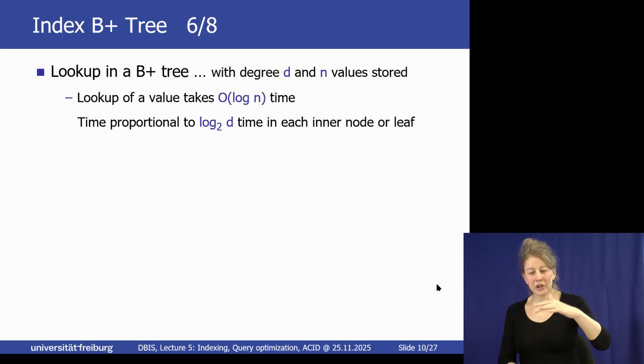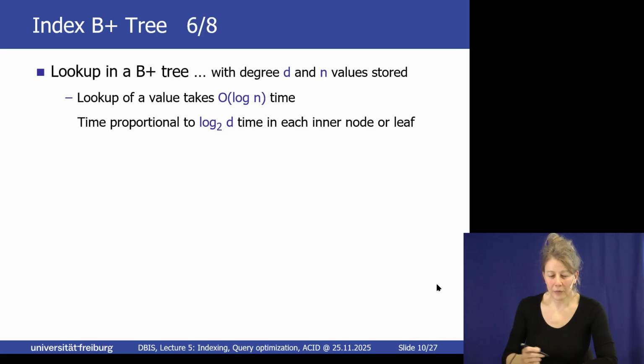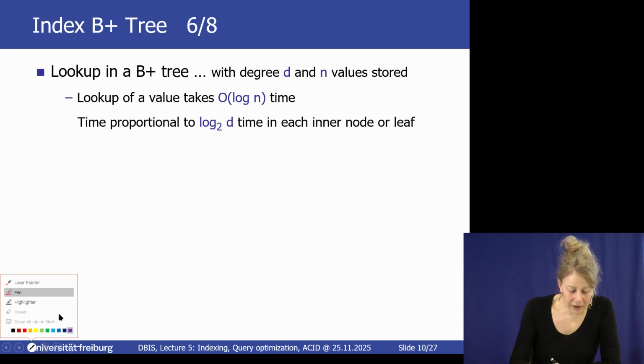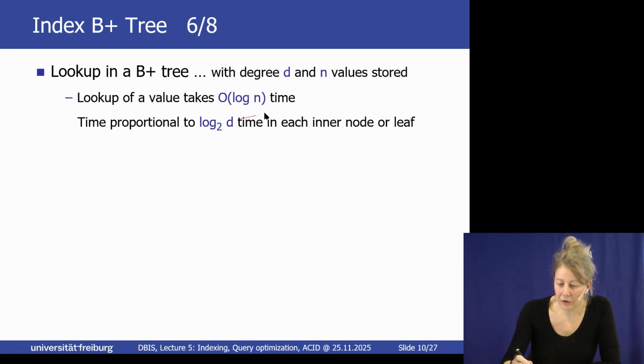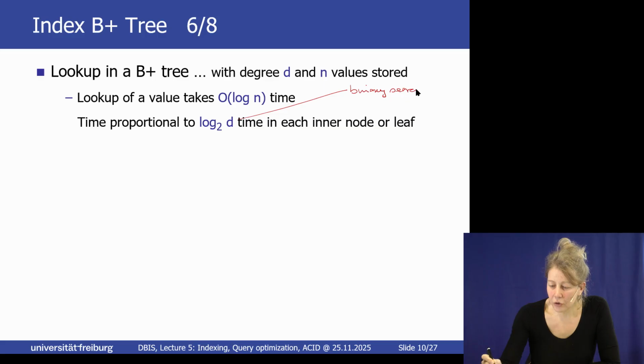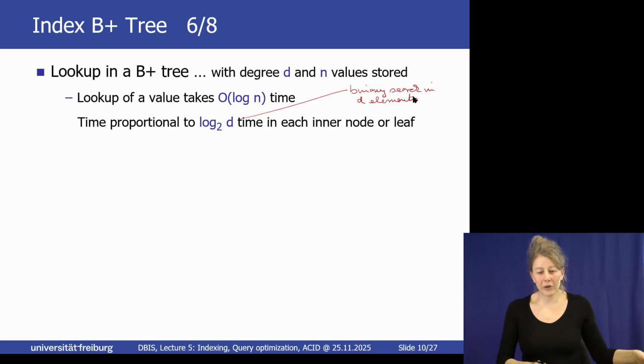In each inner node or leaf, I need log 2d time. Why? Let me just write that here. That's because of binary search. Binary search in D elements, right? In every inner node or leaf, that's how the thing is constructed.